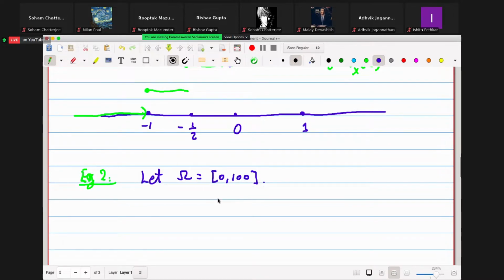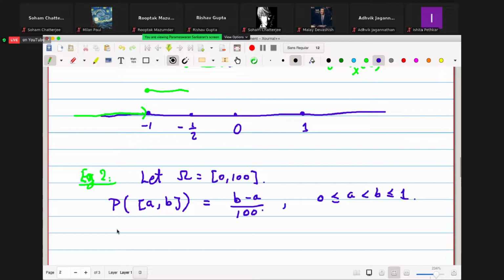And the probability of the interval A to B is equal to (B minus A) by 100. So this is what is called a uniform distribution or uniform random variable, for 0 less than or equal to A less than B less than or equal to 100.